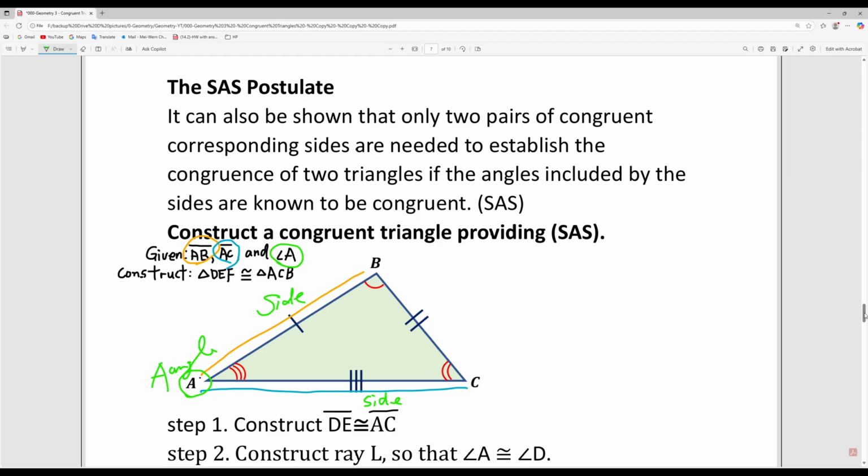When given SAS, then you should be able to construct only one, not the only one, you can construct congruent triangle. Now, let's try. Let me keep going and try to construct, show you how to construct.